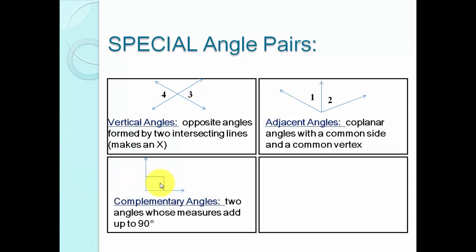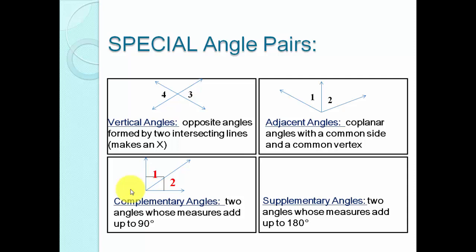Now I made this really big and dramatic to point it out, but normally it'll just be a small square in the corner. You can never assume that an angle is 90 degrees. The problem either has to tell you that it's 90 degrees, or you will see this notation marking that it's 90 degrees. So, if I was to draw in another ray, I have formed two angles that add up to 90 degrees. Angle 1 and angle 2.